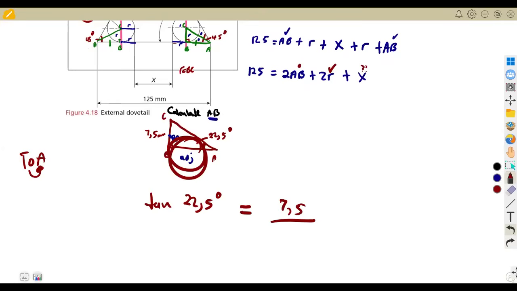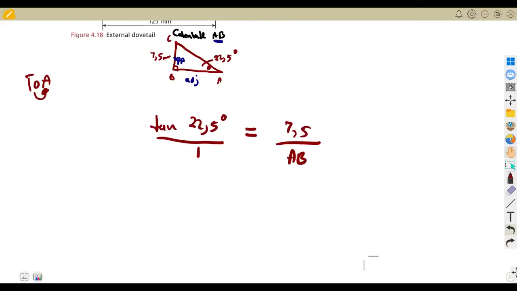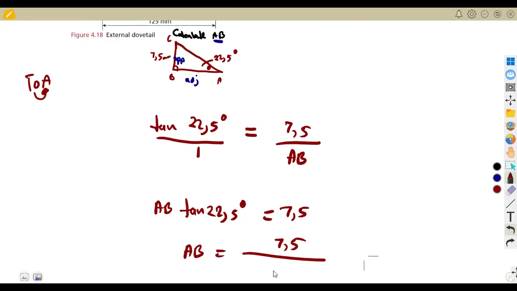The adjacent, which is our AB, to be calculated. So we can calculate our AB by cross multiplication, just like the previous case. That's AB tan 22.5 degrees is equal to 7.5. So to find AB, we're simply going to divide by tan 22.5, that's 7.5 over the tan of 22.5 degrees.